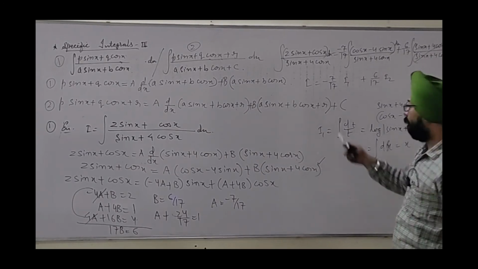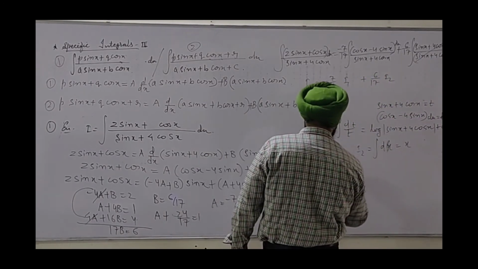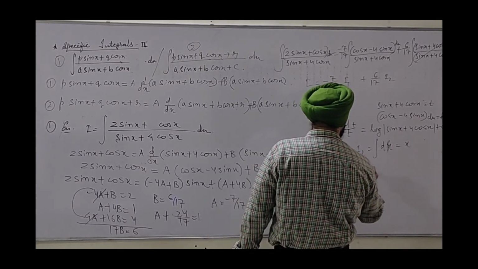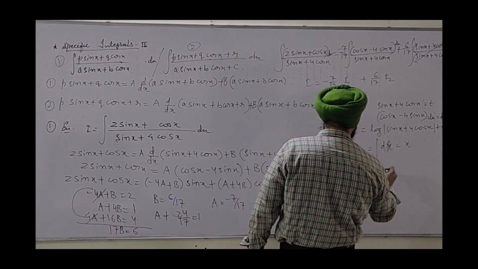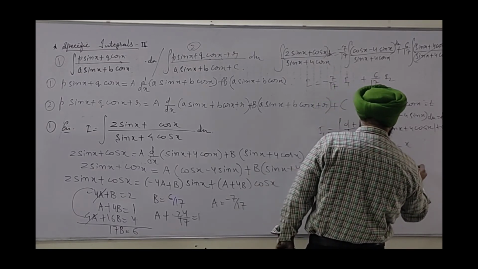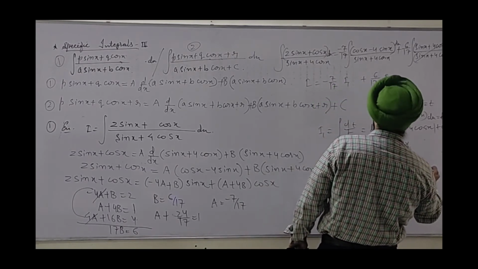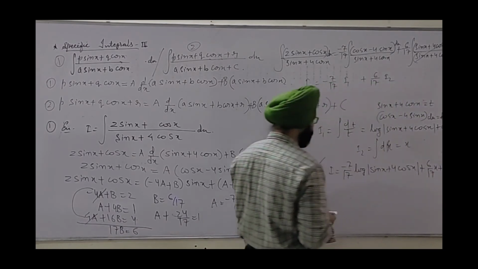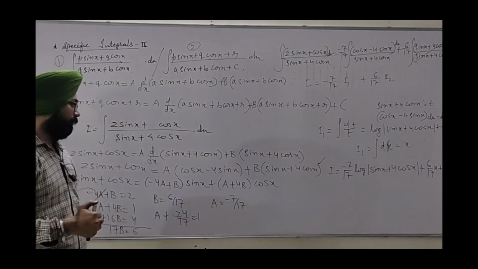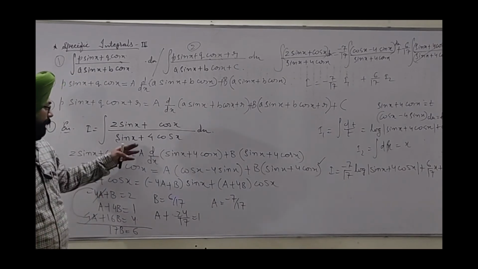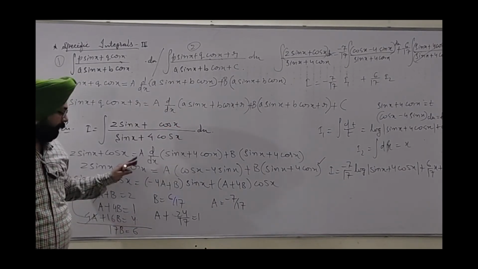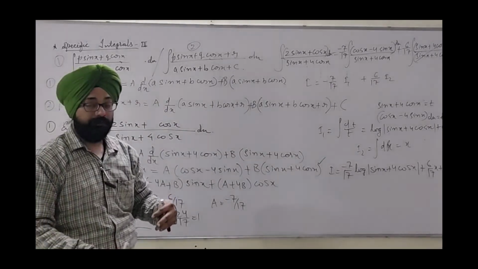So finally we can write the integral as minus 7 upon 17 log of mod sin x plus 4 cos x plus 6 upon 17 x plus c as the final constant. This is the pattern, and every time in such a pattern, whenever constants are not available, like pattern number 2, you will find such a convenient way of solving.